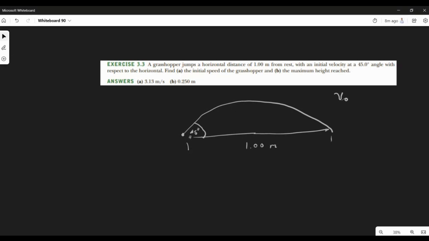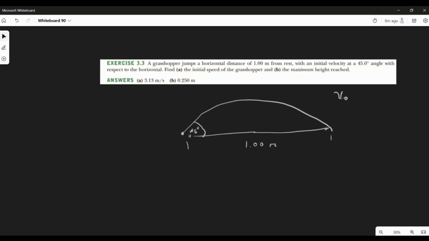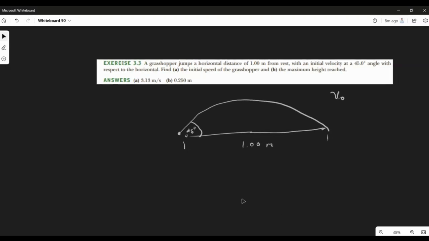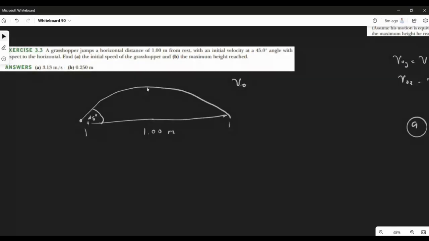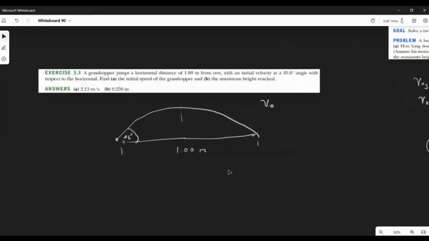All right. First thing to approach this problem: we're assuming this thing is jumping exactly the same way as a long jumper. It's a grasshopper, I'm sure we've all seen one before. Here we know that Vy is equal to 0.